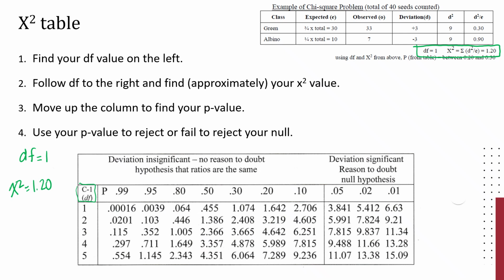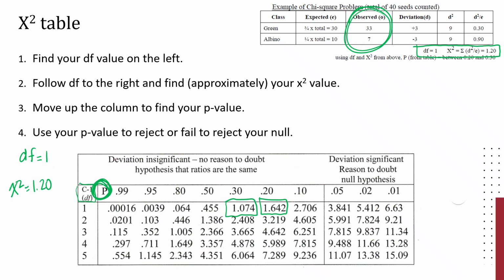In our first row, our chi-squared value is closest to 1.074, but it hasn't quite reached 1.642. So what this tells us is that the probability, that's our p-value, the probability that we get this observed outcome, is between 30 and 20%.